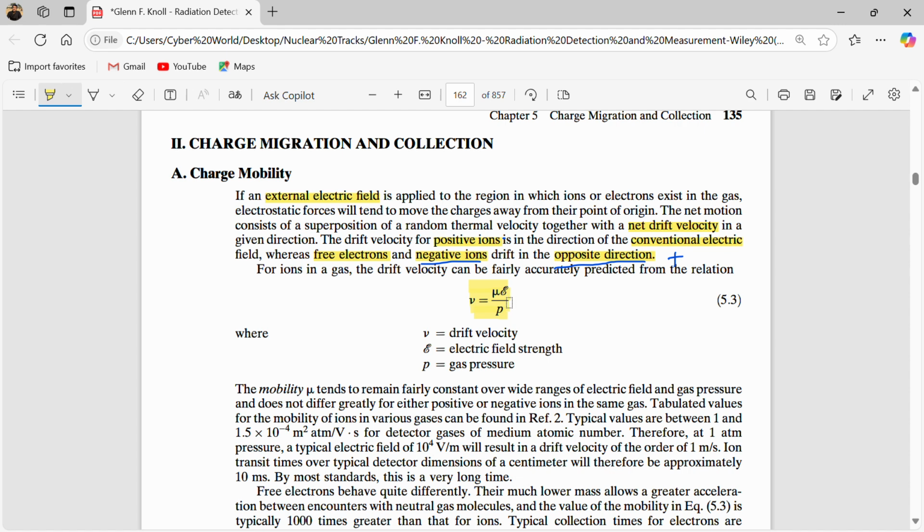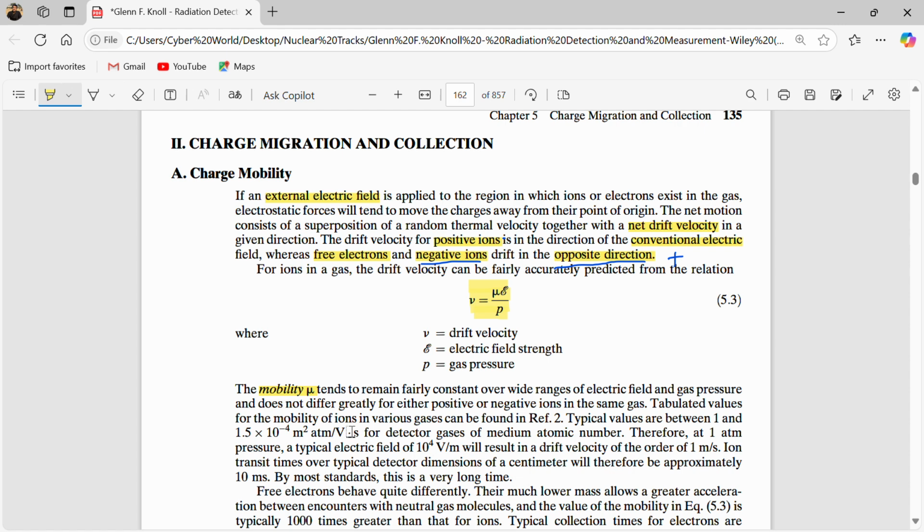E is the electric field strength which you applied externally, and P is the gas pressure inside the chamber. The mobility mu tends to remain roughly constant over a wide range of electric field and gas pressure, and does not differ greatly for either positive or negative ions in the same gas.